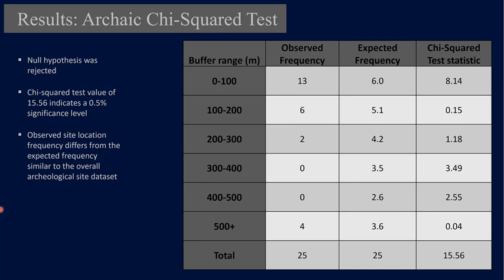The null hypothesis is able to be rejected with a chi-squared value of 15.56, which indicates around a 4.5% significance level. Again, the observed frequency versus the expected frequency shows the majority of sites occurring near hydrologic features, with, for example, the buffer range of 0 to 100 meters having more than double the number of sites in the observed versus the expected.